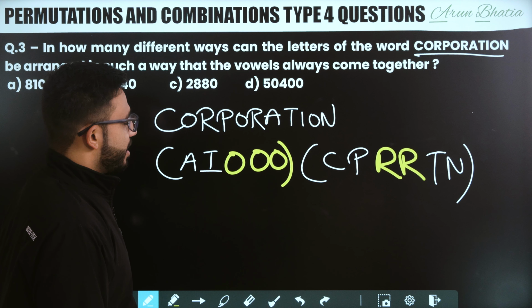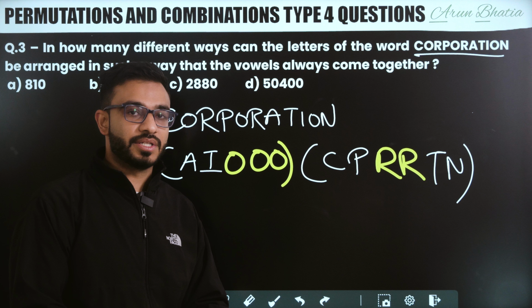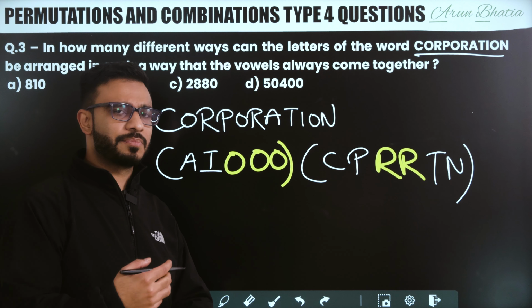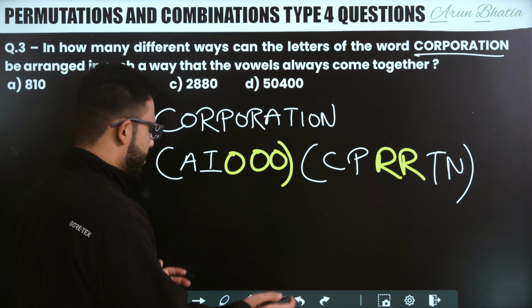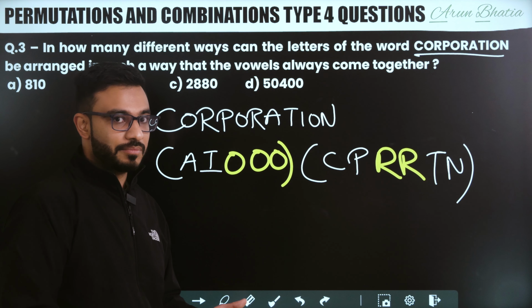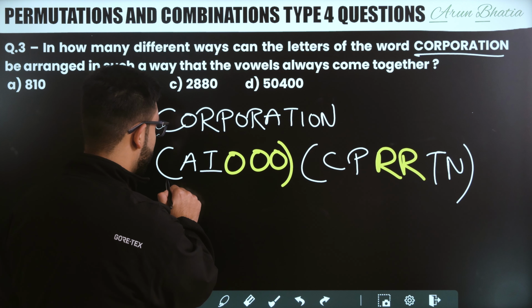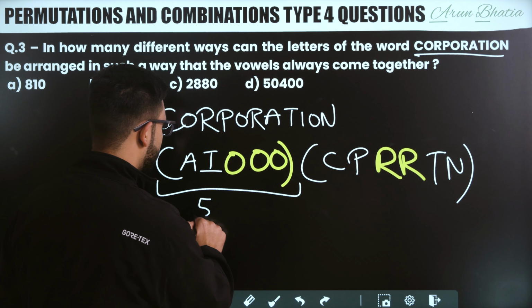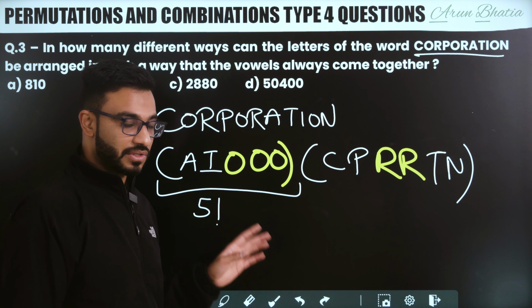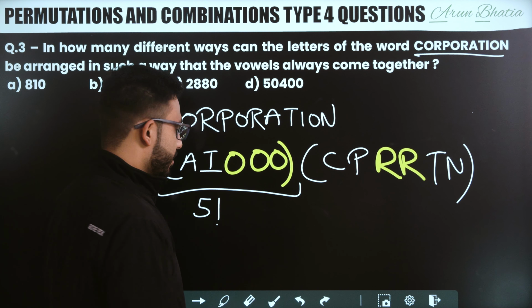So what you can do to make it easy is count all of them with repetition. I'll explain why later, but let's first just consider them with repetition. So you have 3 vowels, but since O is repeating 3 times, you'll write it down as 5 factorial. So this is 5 factorial for the vowels because there will be 5 letters and we have treated the repeating letters as different as well.